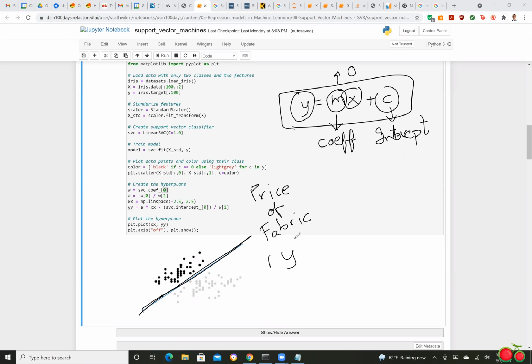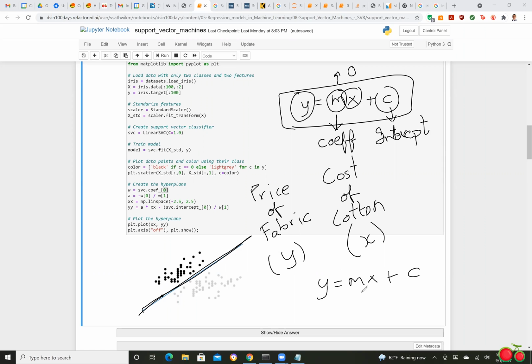Assume this hypothetical example. This is my y variable, based on the cost of cotton, which is my x value. I'm assuming that the price of fabric is only dependent on the cost of cotton that I'm buying. So I am trying to model a relationship like this: y equals mx plus c.